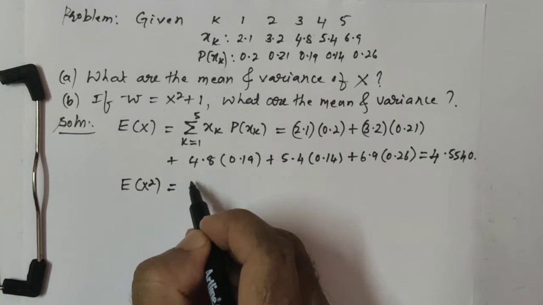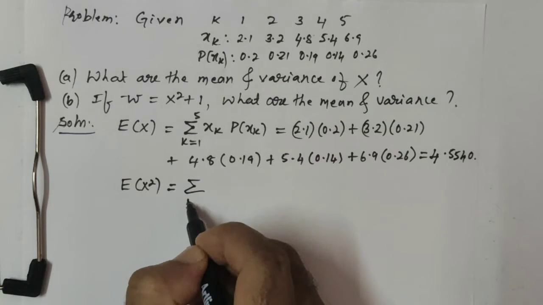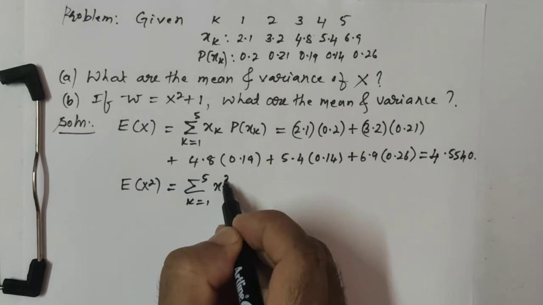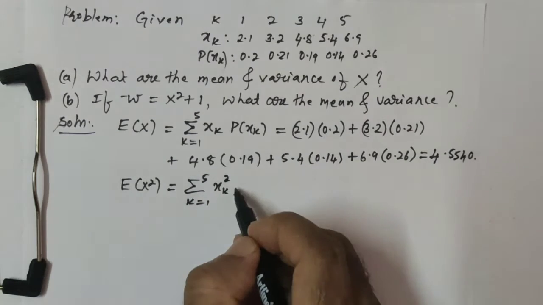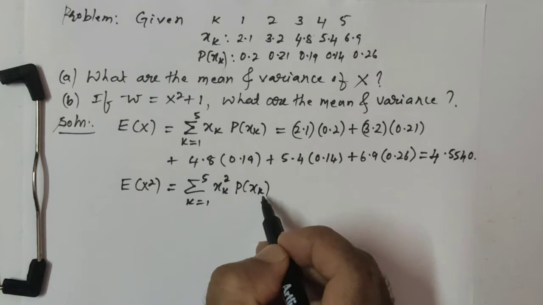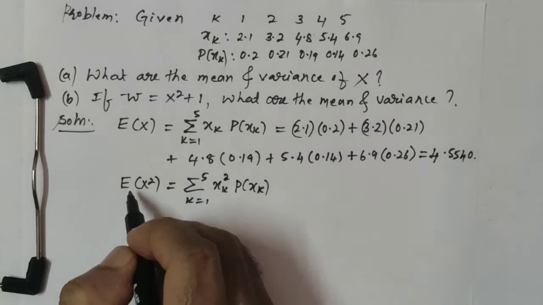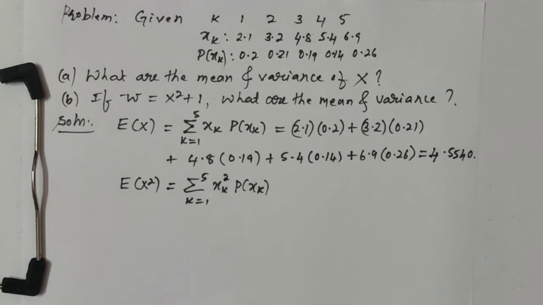So once again, the expected value of x square is the summation from k equal to 1 to 5 of xk square times its probability p of xk. This is also known as the mean square of the random variable.